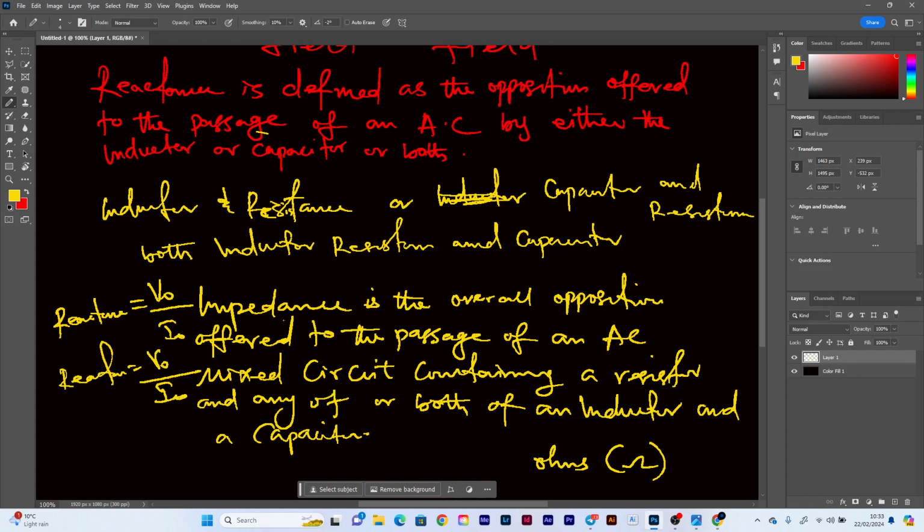Just like resistance is calculated as V over I.